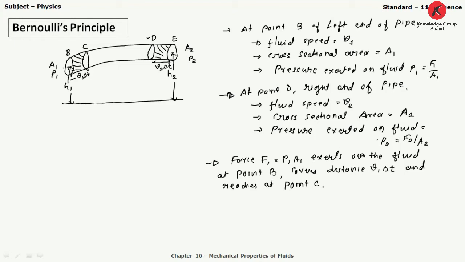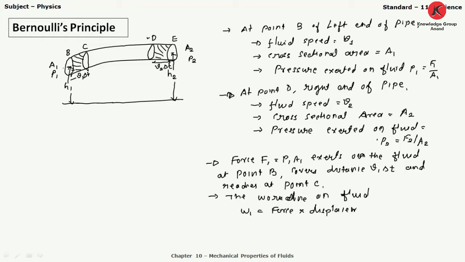So, if the force is applied, then there is also work done on the fluid. So, what will be the work done on the fluid? The work done on fluid, which is W1, is force into displacement.